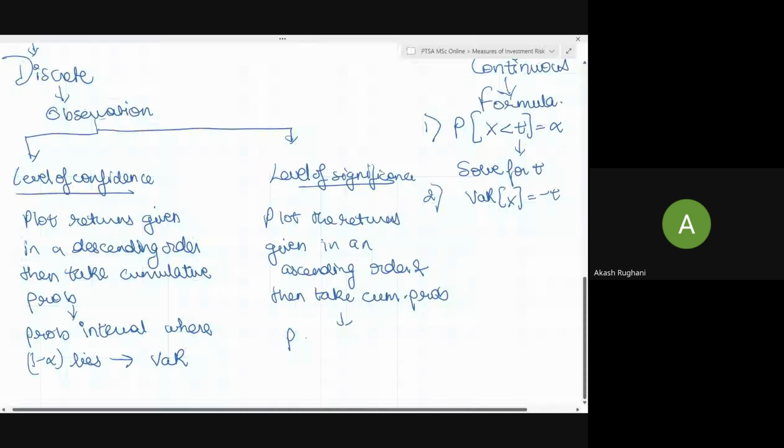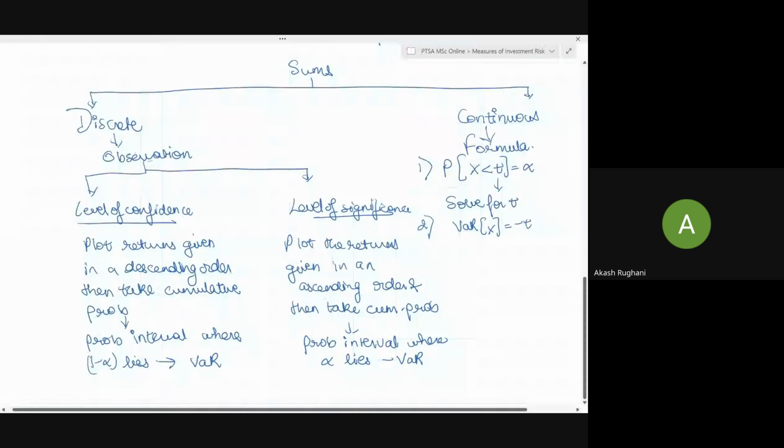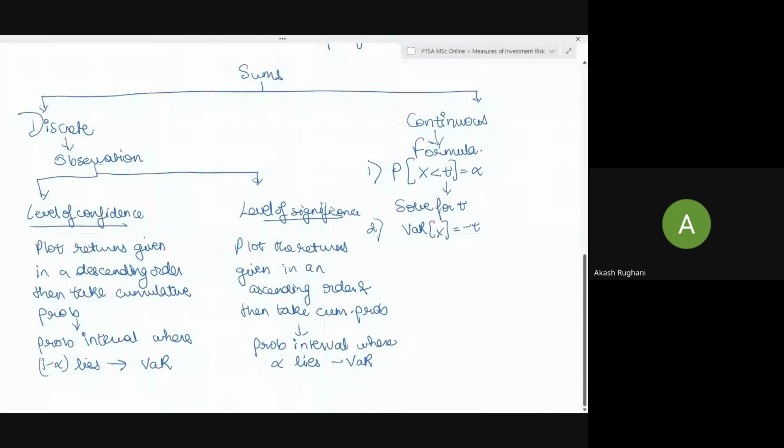The probability interval where alpha lies is my VAR. Am I clear, guys? Yes, sir. Cool. Copy this down.